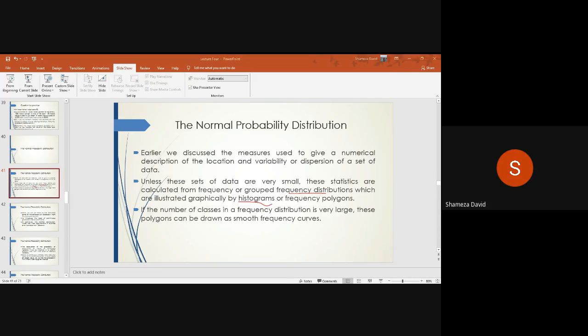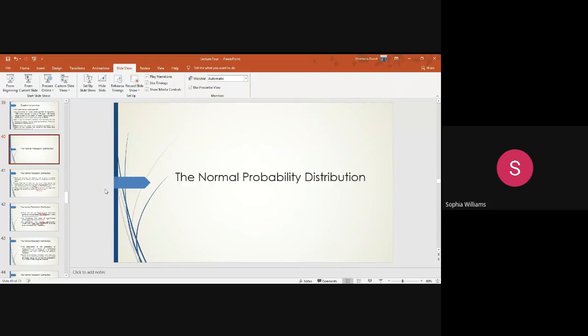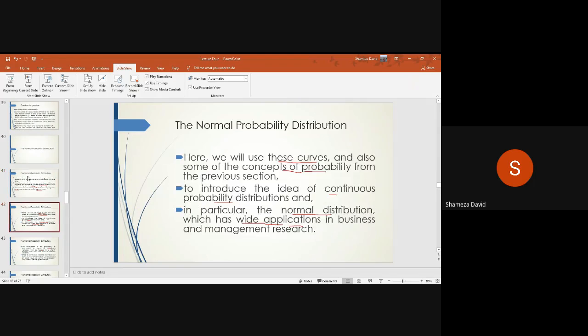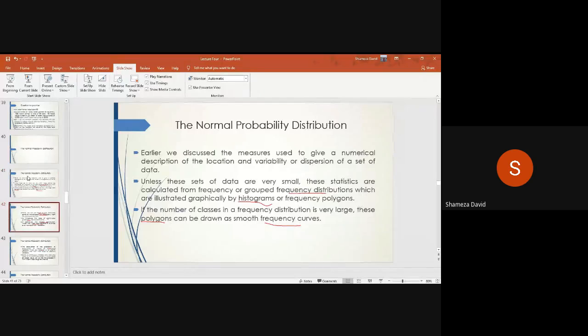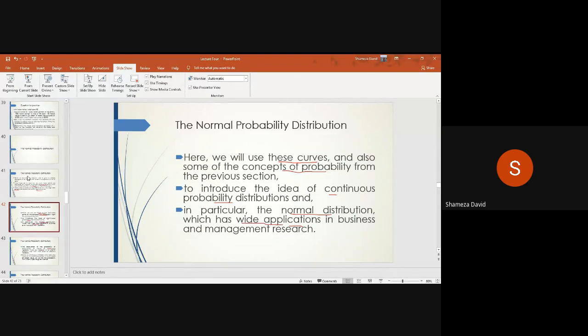Excuse me, hi, Miss. I think your slides are stuck. It's not moving. We're still at the normal probability distribution, still at slide 41. Oh, okay. Not sure what is happening there. Hold on. So you're still at this slide? Yeah, we were still there. Okay, but you're seeing it moving in this view. Well, yeah, you're at 42 now. Okay. Just one second, let me try to figure out what the matter is.